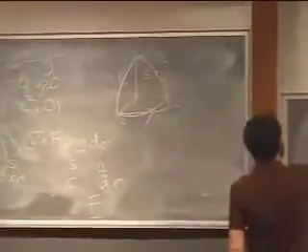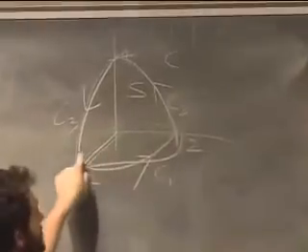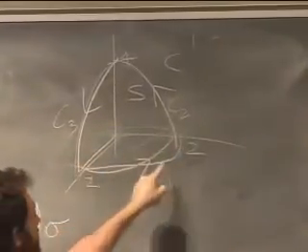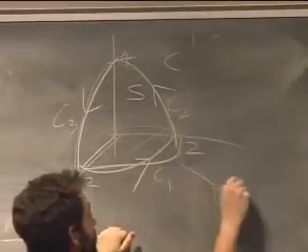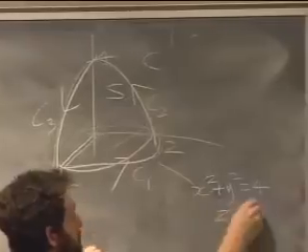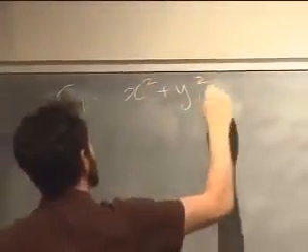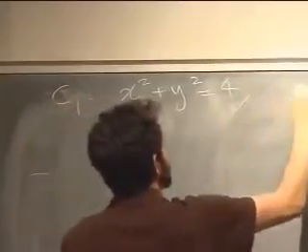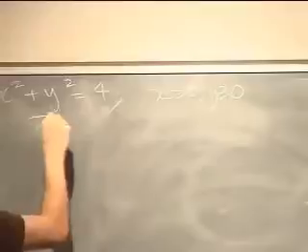Tell me, what is C1? Well, what is that equation there? z equals 0. So we have x squared plus y squared equals 4, and z equals 0. So C1 is x squared plus y squared equals 4 for x and y greater than 0, of course, and also z equals 0.